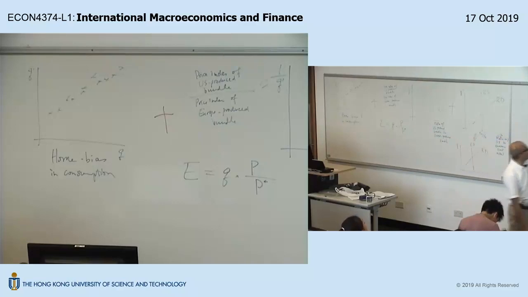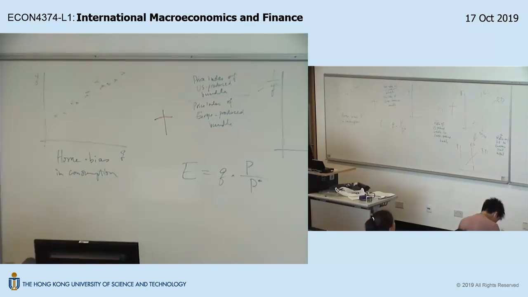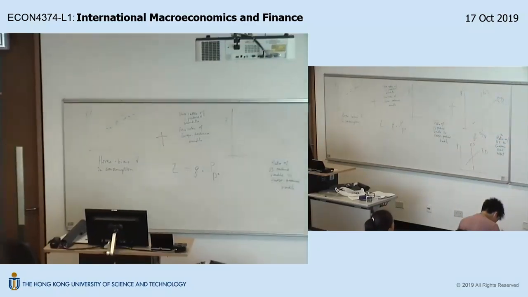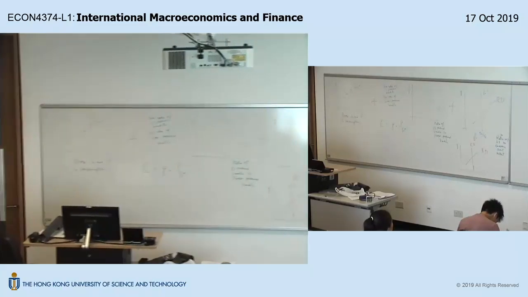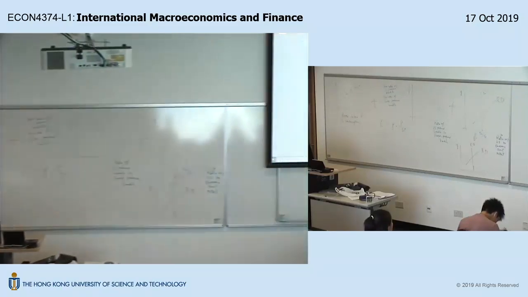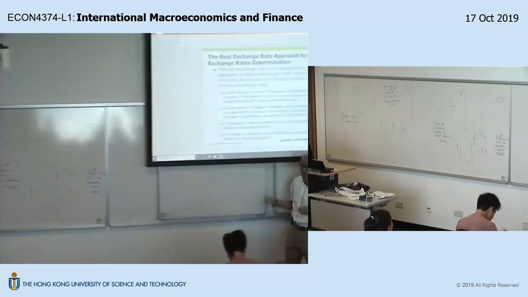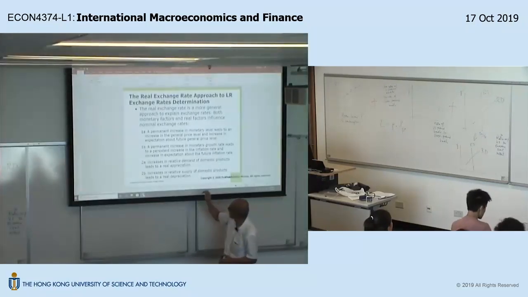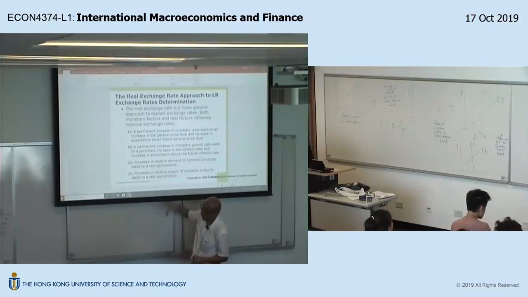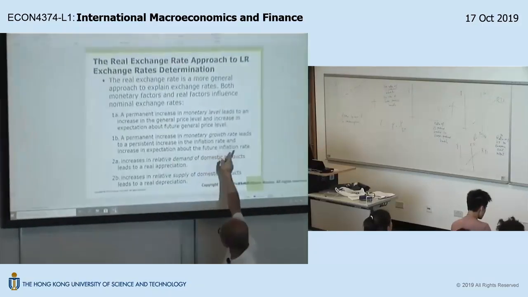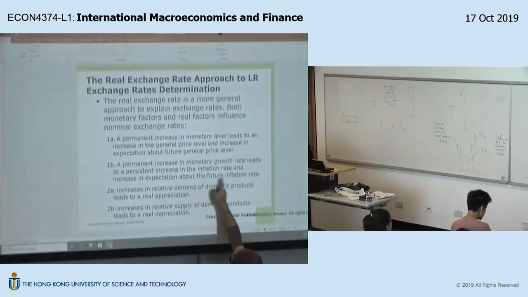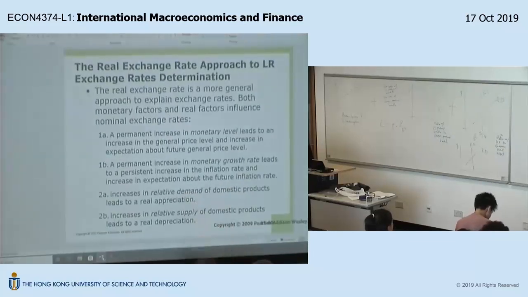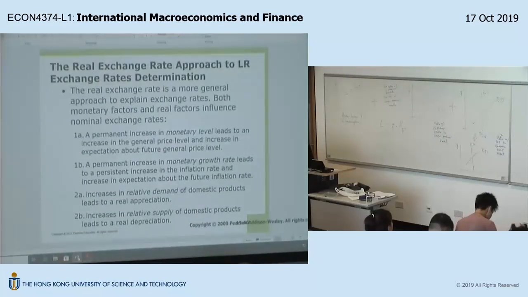A permanent increase in the money level leads to an increase in the general price level and an increase in the expectation of the future general price level. Does that make sense? So it increases the long run and also the expectation, the EE, or PE. A permanent increase in the monetary growth rate leads to a persistent increase of the inflation rate, and an increase in the expectation of future inflation, which we already talked about.